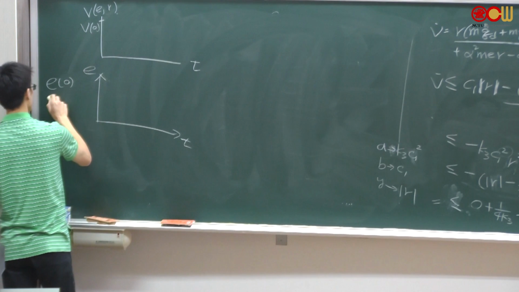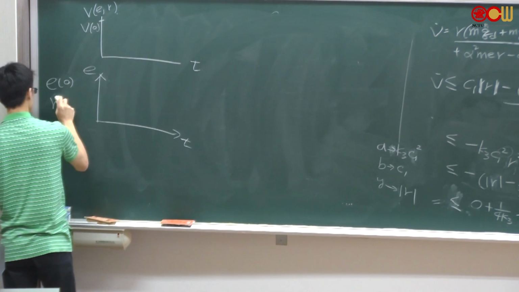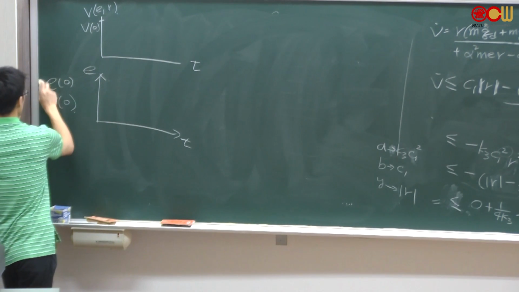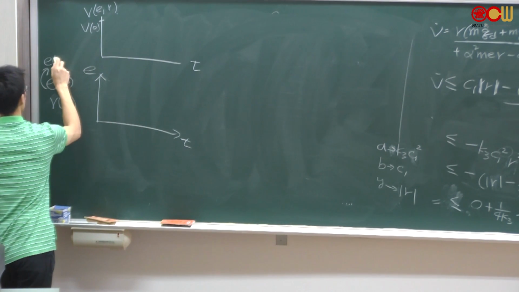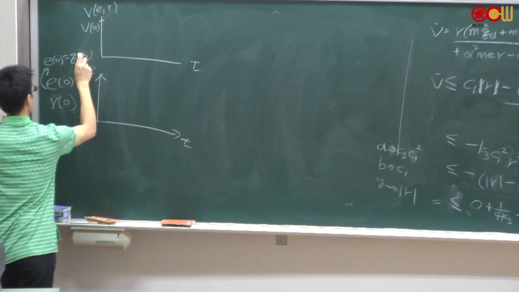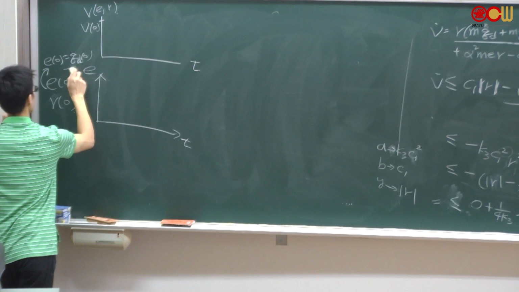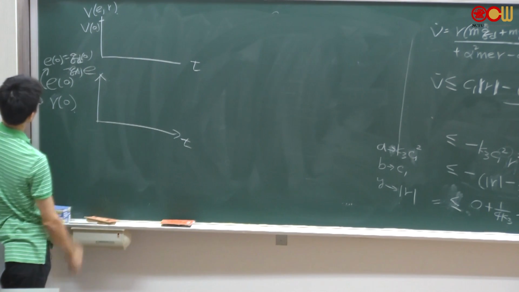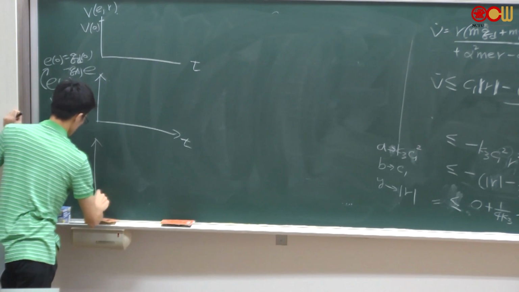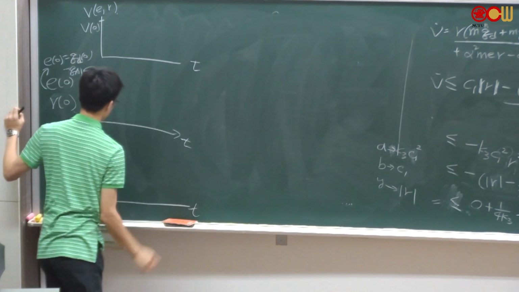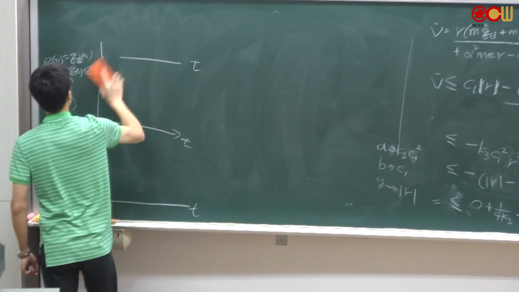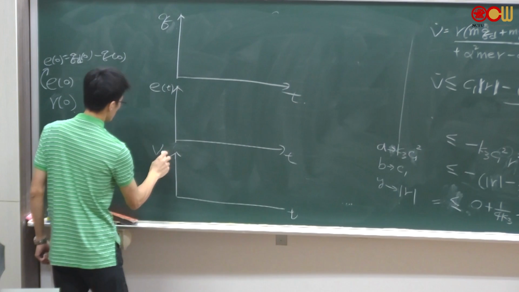It depends on the initial condition of E and the initial condition of R, and E depends on QD0 minus Q0, right? So, sorry, let me start again.